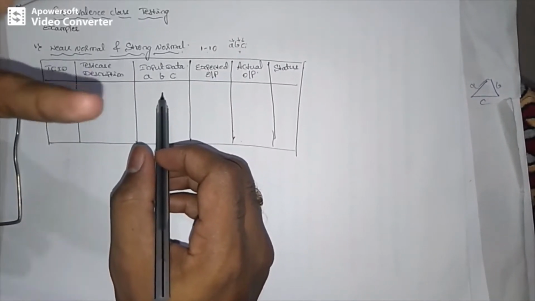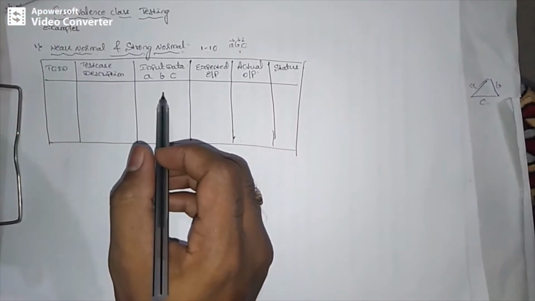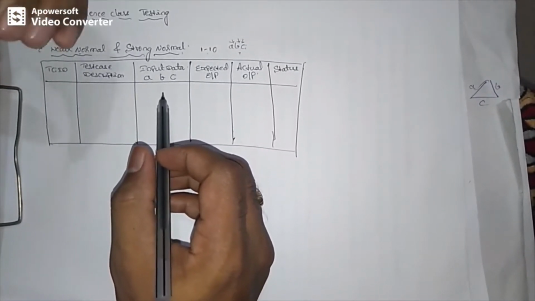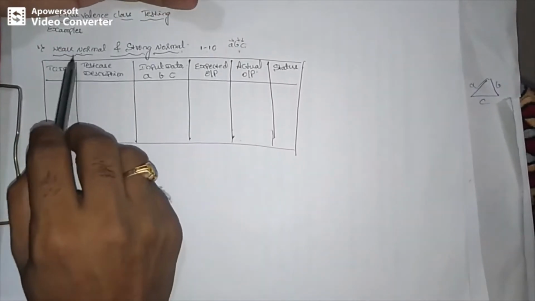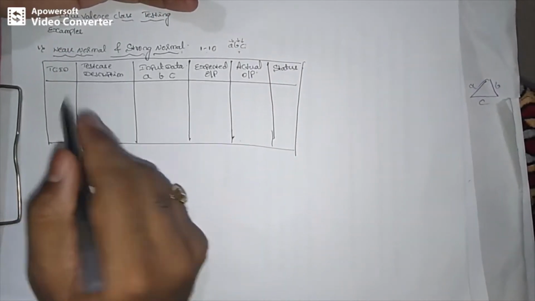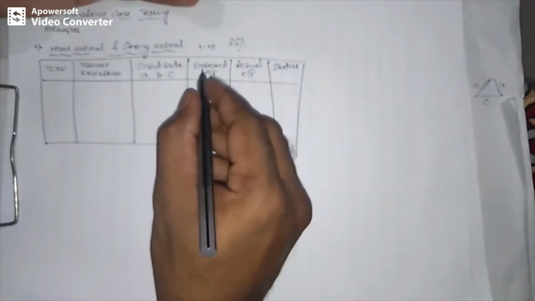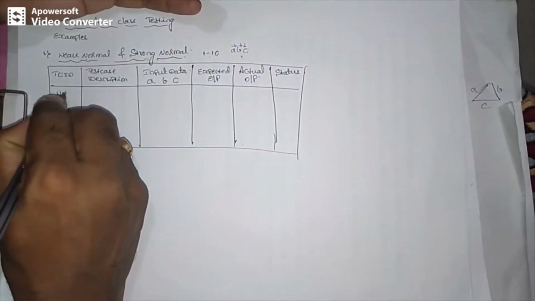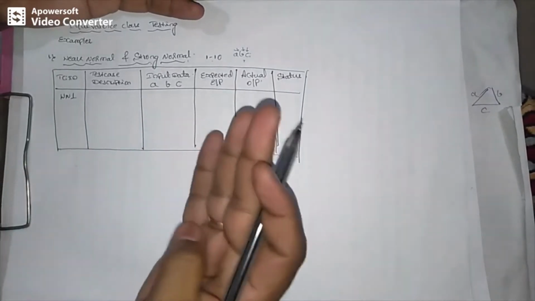These are the four possible outcomes we generate when we specify valid input variables under the weak normal test cases. So we are going to generate four test cases.